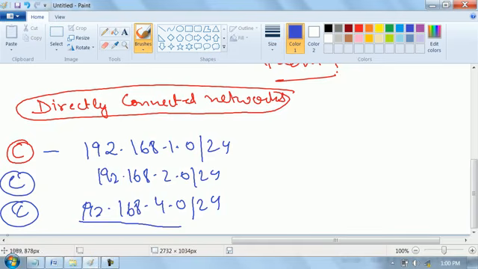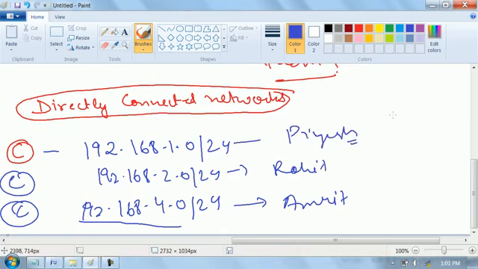If I have information here like this, it is connected to, what's your name? It is connected to Piyush. And what are these things? These are interface numbers.